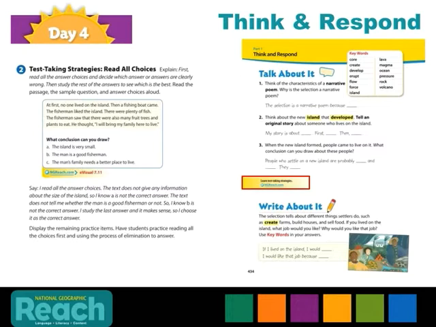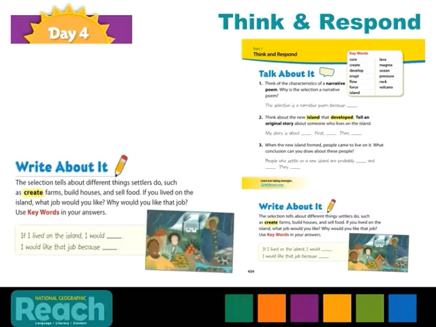This same strategy will be studied in Part 1 and Part 2, and additional test question examples are provided on the actual e-visual. Day 4's daily writing also uses modeled writing routines, but this time the writing assignment is built right into the student book in the Write About It section of the Think and Respond page.